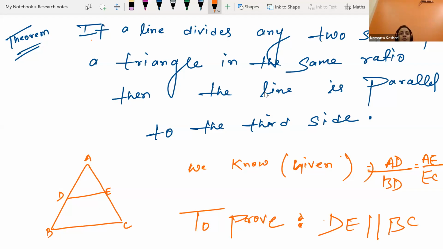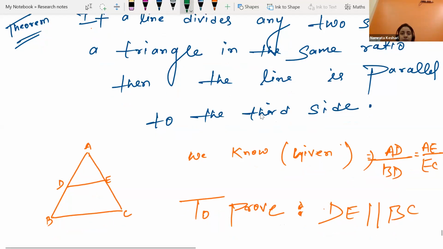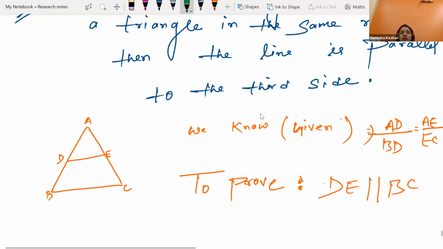Let's think about it. Suppose we will be using the method of contradiction. What we will say is that DE is not parallel. This ratio is the same, we have it in hand. DE is parallel to BC, that is what we have to show. We will say, let's say that DE is not parallel.